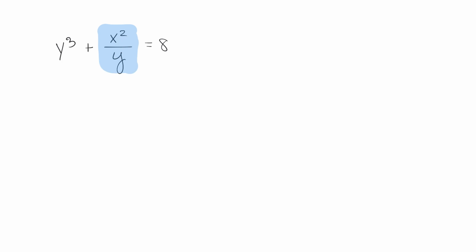And this is going to be our f, and down here is going to be our g. And remember, quotient is g f prime minus f g prime, divided by g squared.